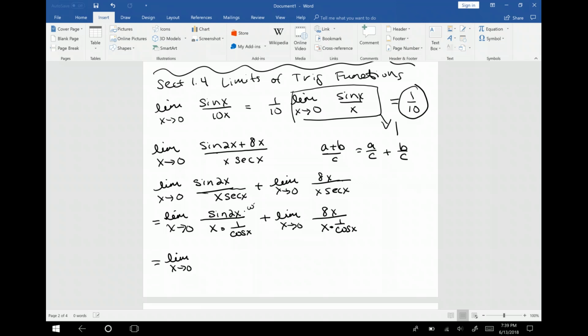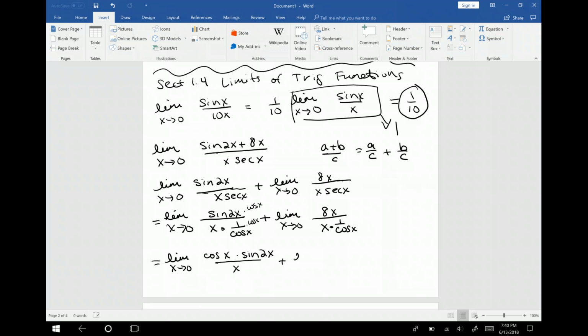So I'm going to multiply by cosine of x and then multiply this denominator by cosine of x just to clear those fractions. So in the top I have cosine of x times the sine of 2x, and then in the denominator I just have x, right? That just makes sense, I'm dividing by this x.